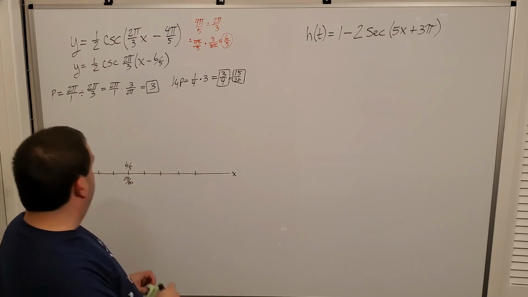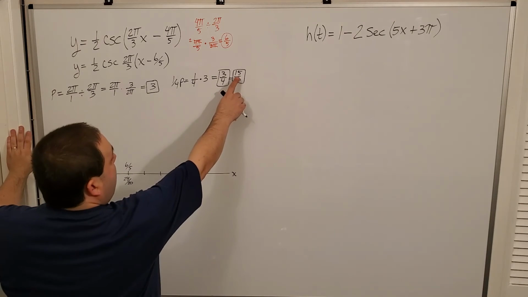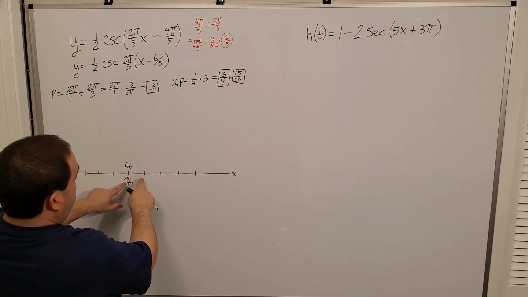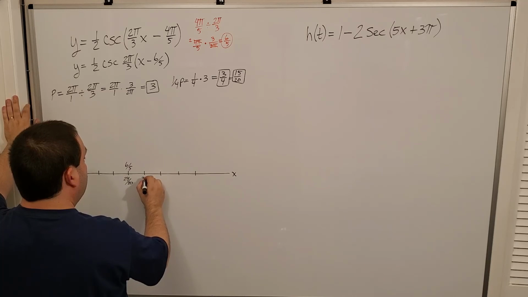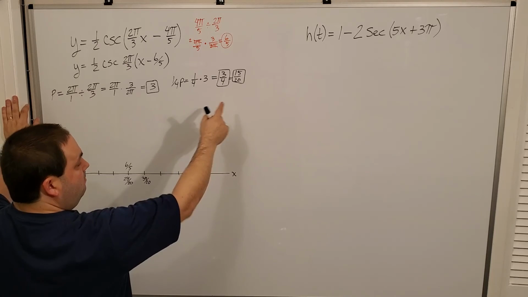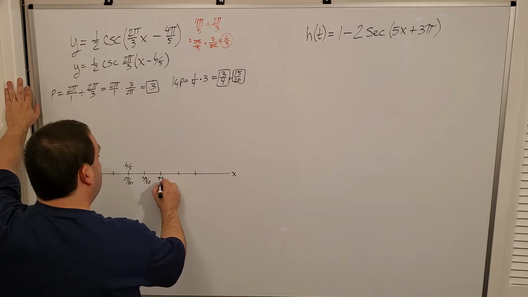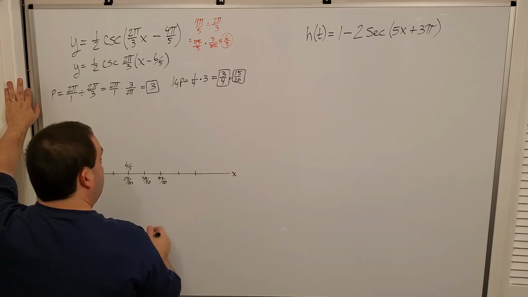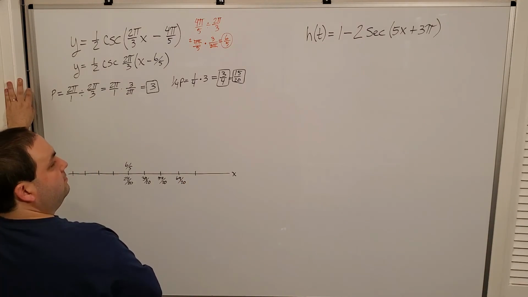So now I'm going to do my counting using the 20ths, and I'm counting by 15s here. So 24 plus 15 is going to give me 39/20. 39 plus 15 is going to give me 54/20. 54 plus 15 is going to give me 69/20.